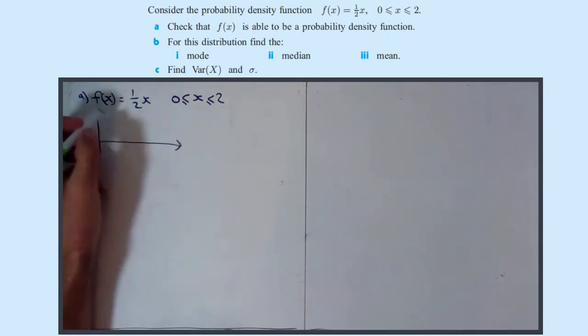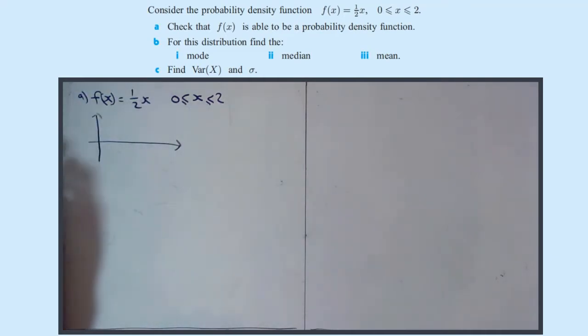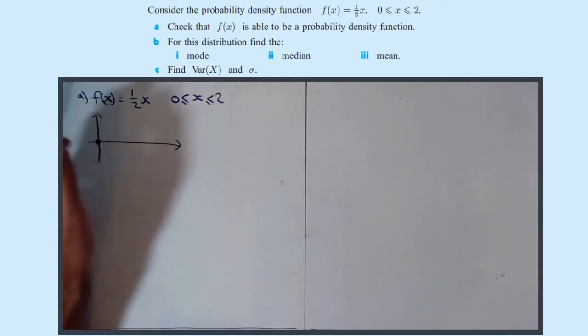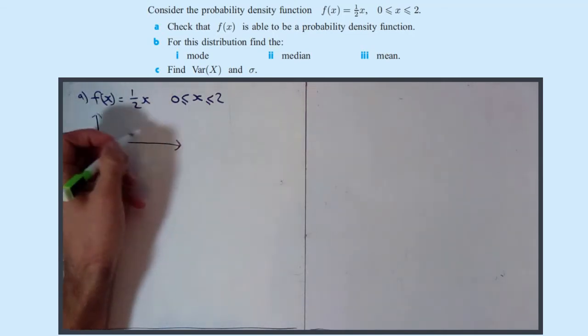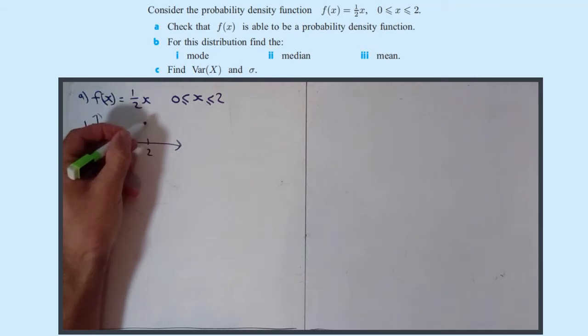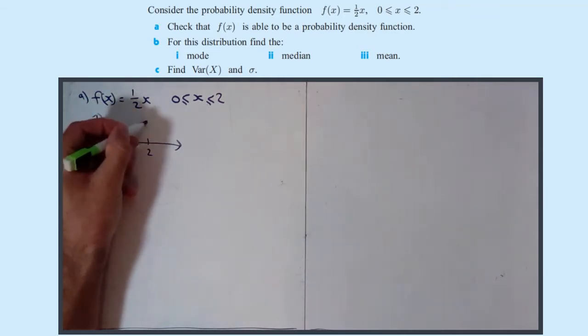It's a straight line that passes through the origin, and x equals 0 is one of our endpoints anyway. So it goes through 0, 0, and then when x is 2, f of x is half of 2, which is 1, so it goes through 2 and 1 as well. So it just looks like that.